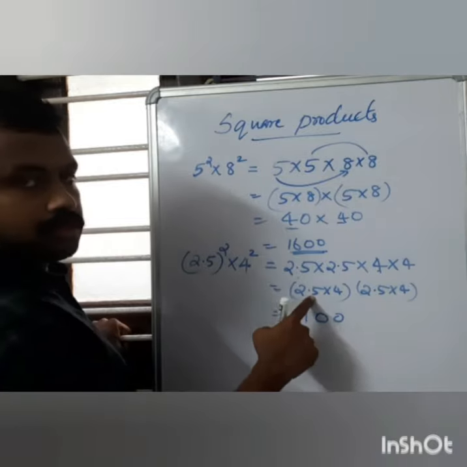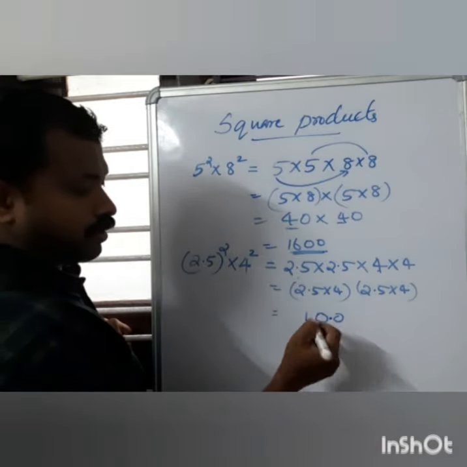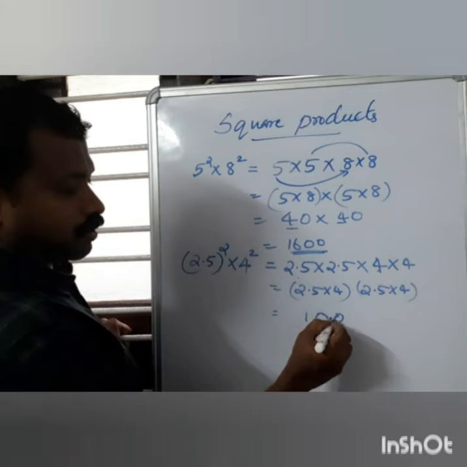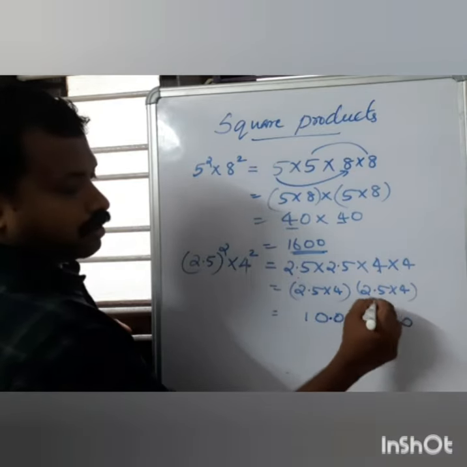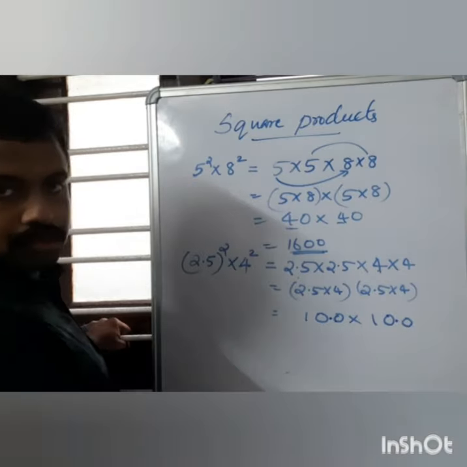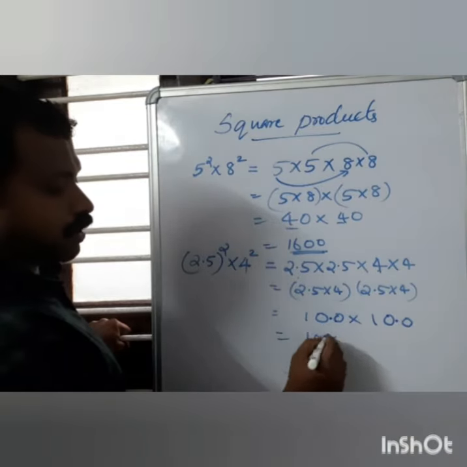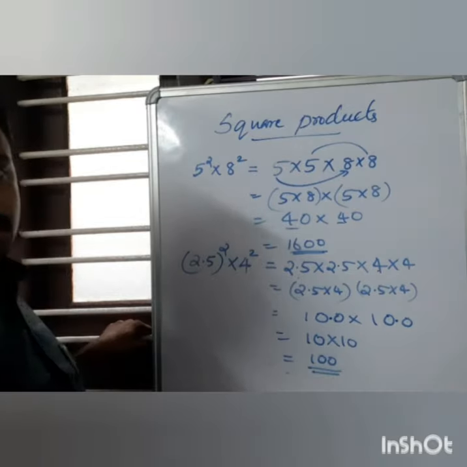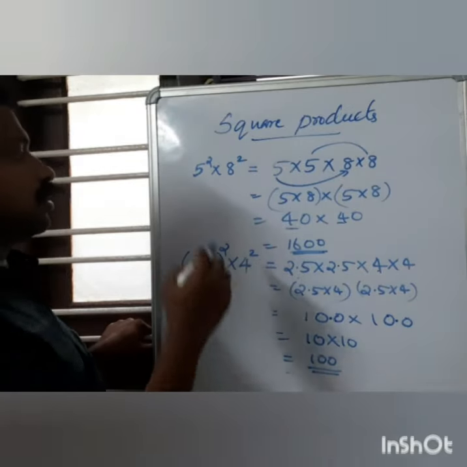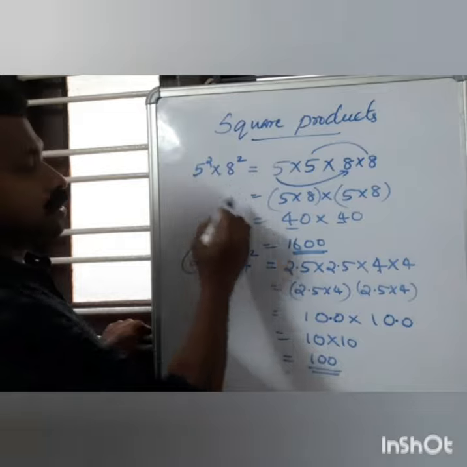Here how many decimals? Only one decimal, so we get 10. Here also 25 into 4 is 100, one decimal, so 10. So 10 into 10, how much are you getting? The answer is 100.